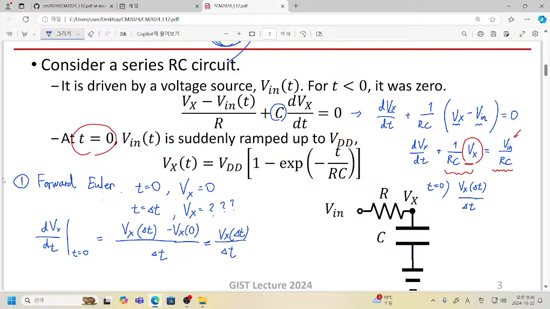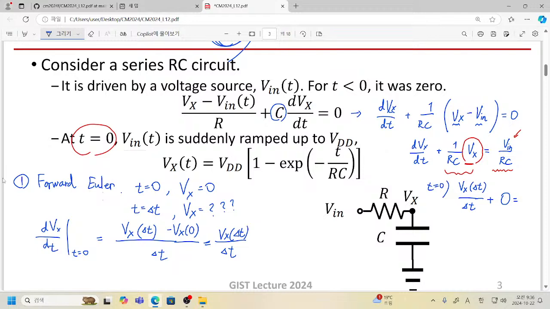And how about the second term on the left hand side? Please try to evaluate it from its initial condition. Vx was actually 0. So 0. And how about this right hand side?